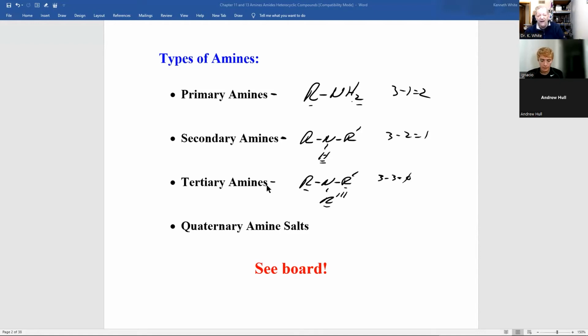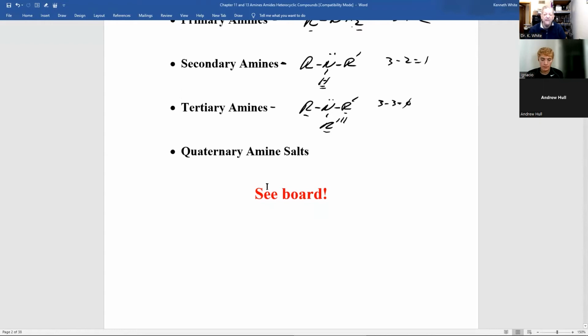Oxygen, just to remind you, and this won't ever be on the test, has 2 pairs of non-bonding electrons, but nitrogen has 1 pair. And in amine chemistry, that can react to form a chemical bond. And we get what's called a quaternary ammonium salt.